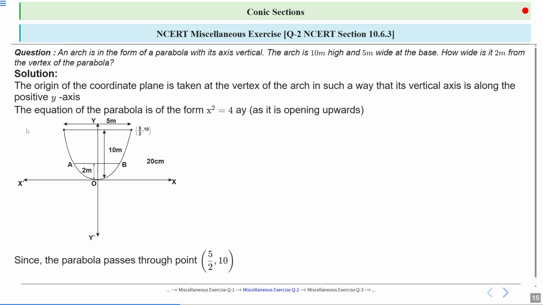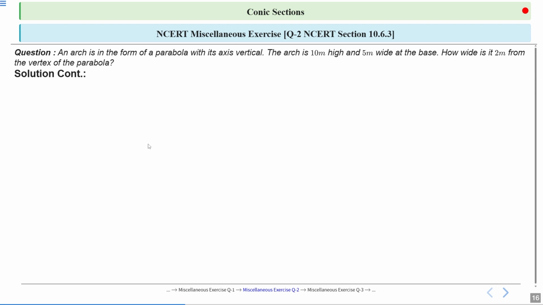Since the parabola passes through the point (5/2, 10), here you can see this is the parabola.